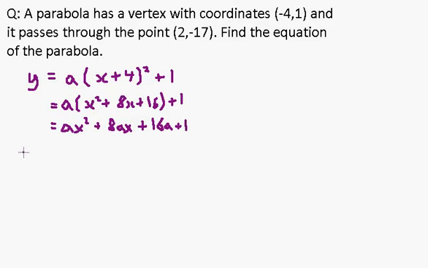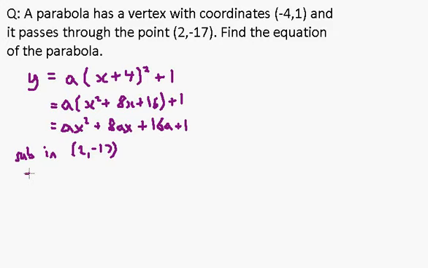So my job here is to really figure out the value of a. And the way I'm going to do this is by substituting in the other point that I've been given. So sub in (2, -17), because obviously the equation has to satisfy (2, -17) as well. So this should be able to give me the value of a.